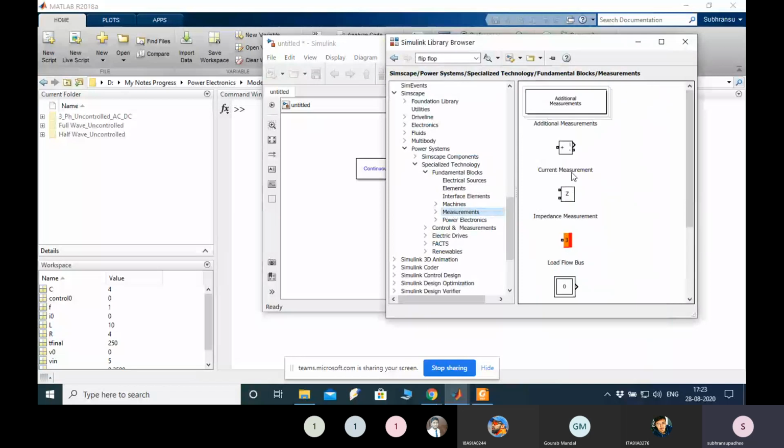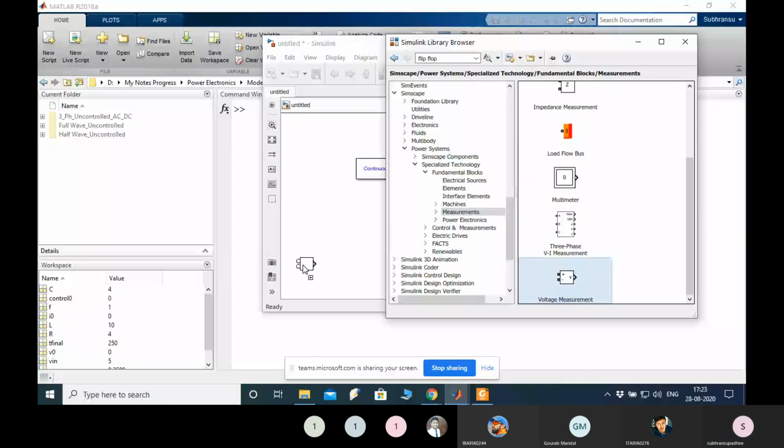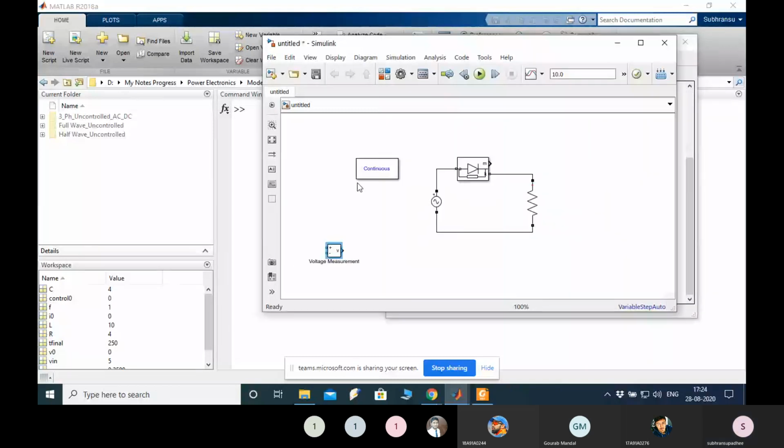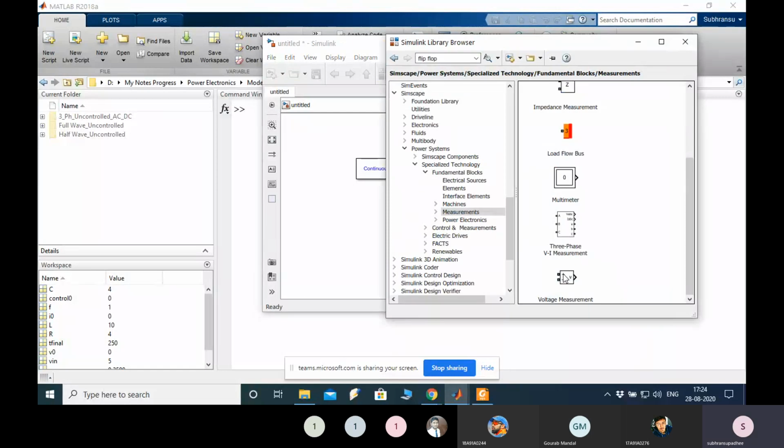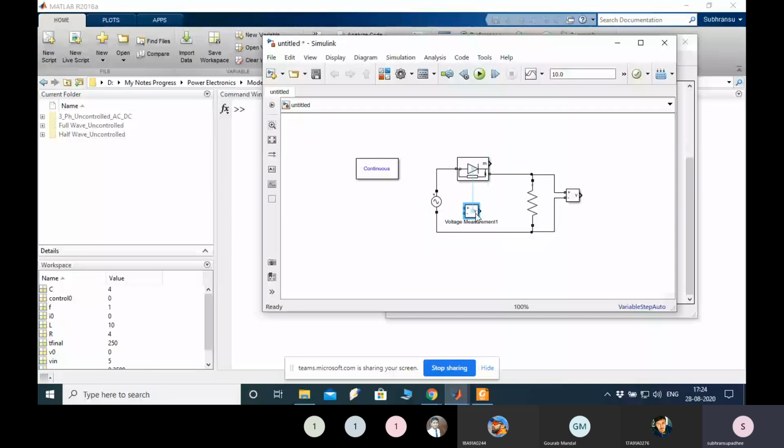Go to measurement, then voltage measurement. This is one measurement. We need both input and output measurement.